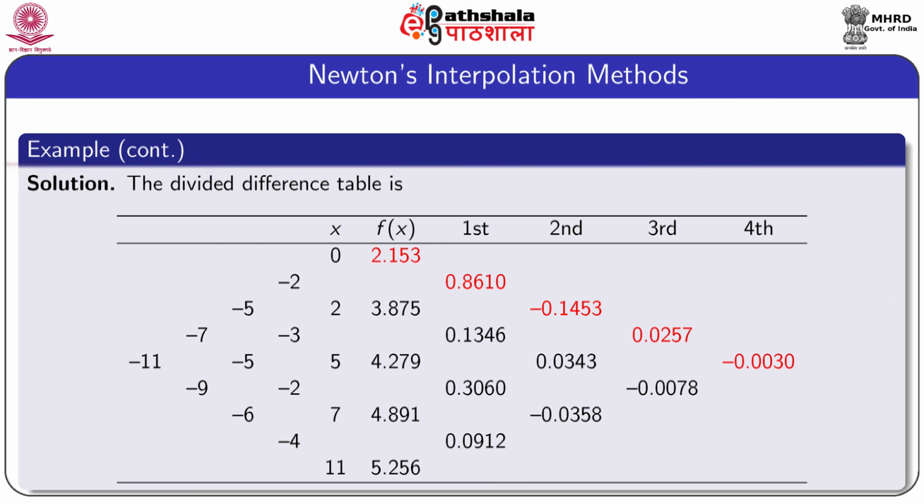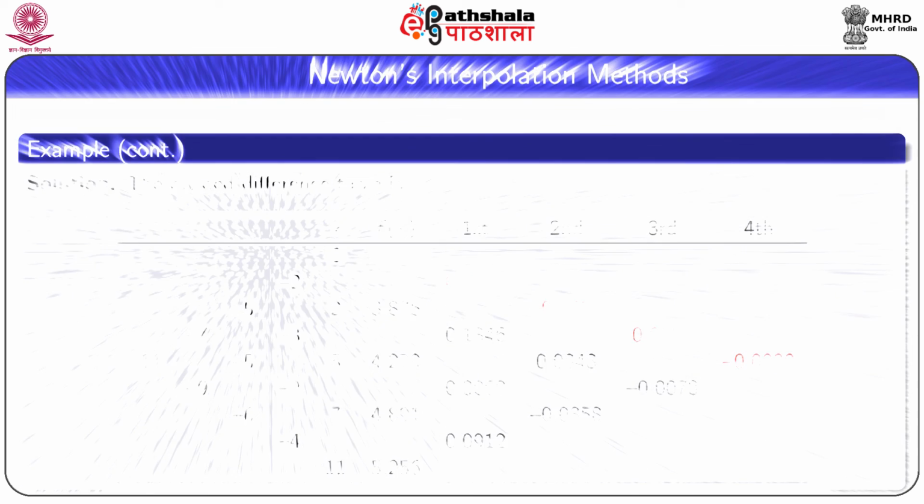For this table of values, we construct the divided difference table as follows. The red marked values are used in the formula. The different order divided differences are mentioned in this table, and the differences of the arguments are mentioned in the left side of the table.